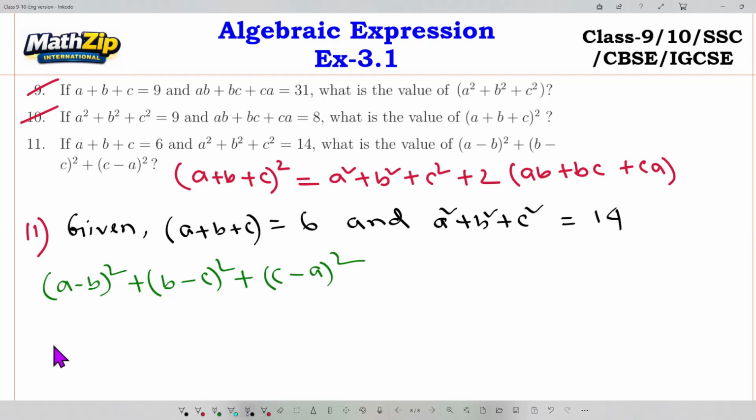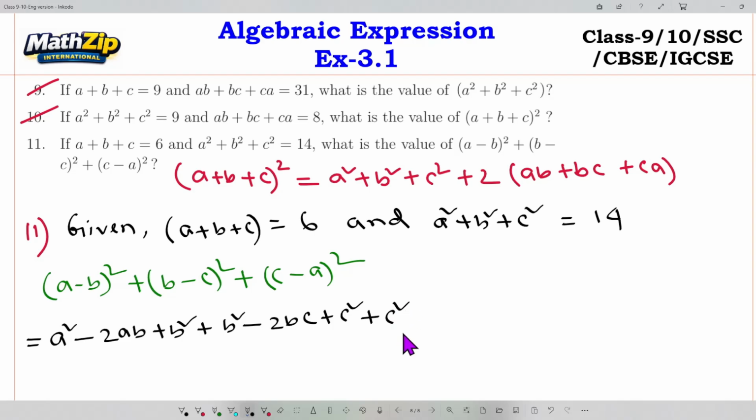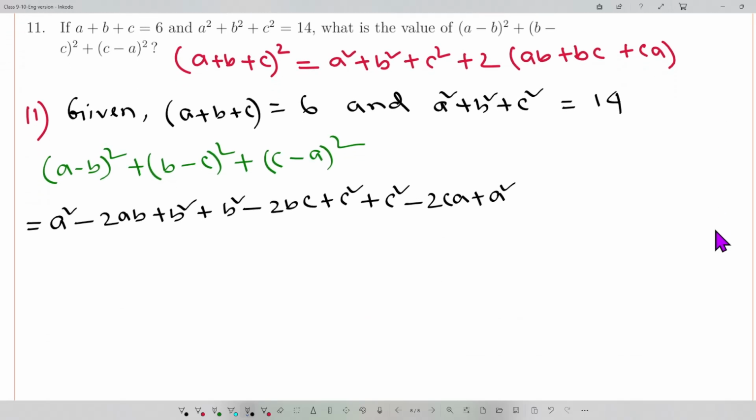If we expand this, we can write a square minus 2ab plus b square, plus b square minus 2bc plus c square, plus c square minus 2ca plus a square, right?